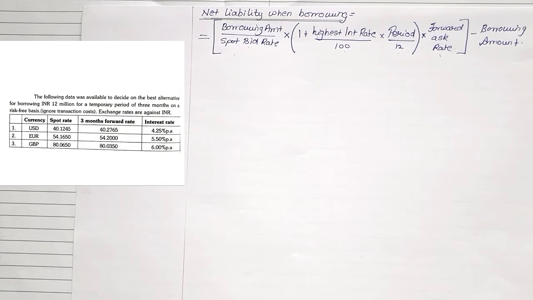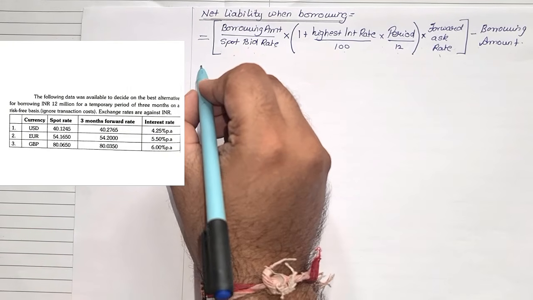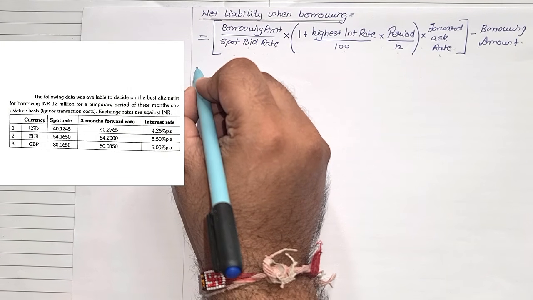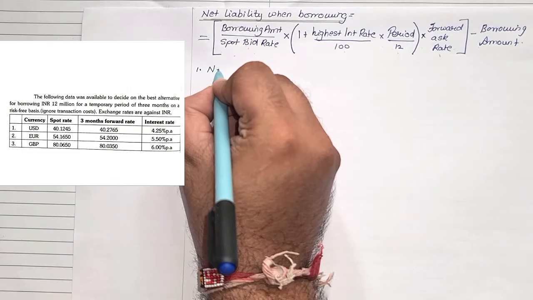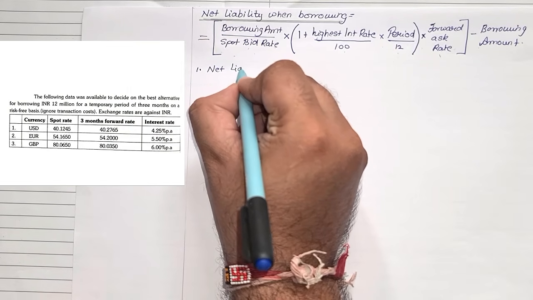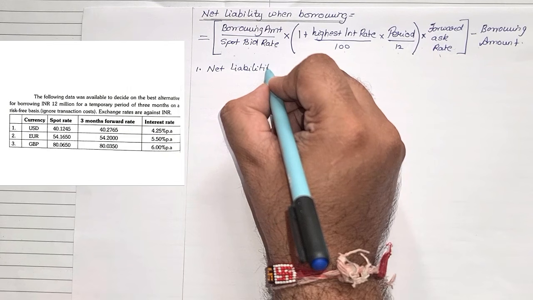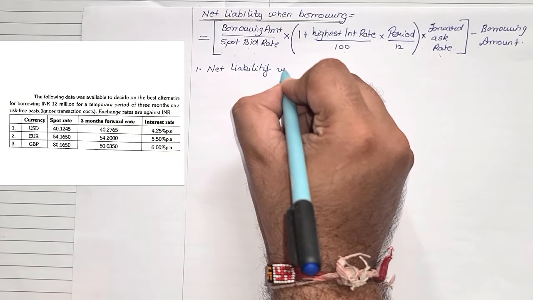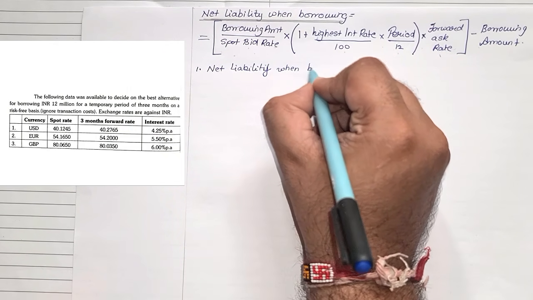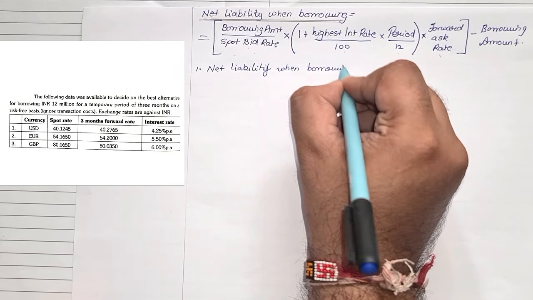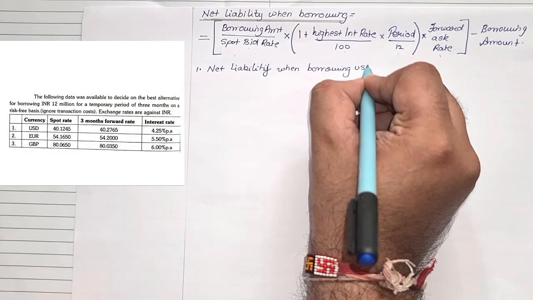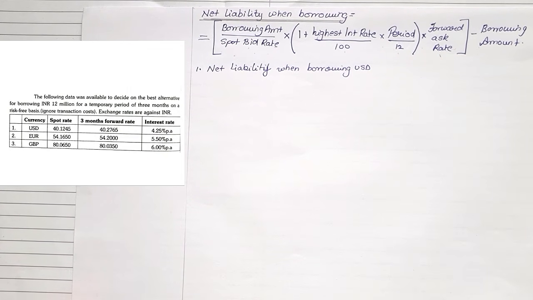Now let us see how we will function. In the question, the very first currency is USD, so we'll write here number 1, net liability when borrowing USD.